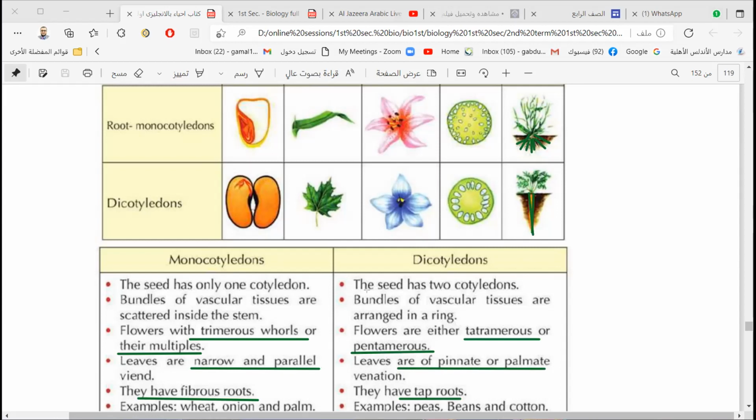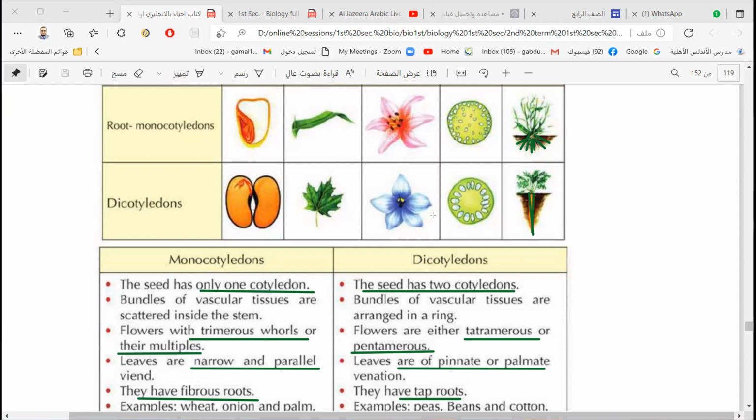Each seed here has two cotyledons. Each seed here has one cotyledon only. Here we have the vascular tissue scattered in monocotyledon and arranged in a cycle in the dicotyledon.